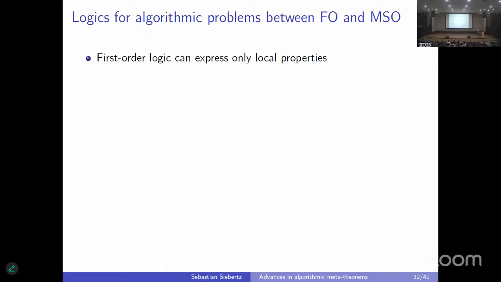I want to show you something more, something very new as well. The shortcoming of first order logic is that it can express only local properties. Just as we have seen, Gaifman's normal form tells us we cannot even express connectivity, because we can check only local things. We would need many quantifiers to test that two vertices are connected.